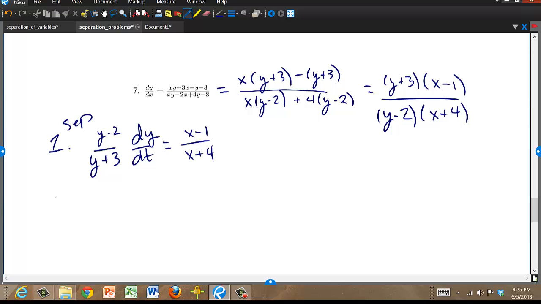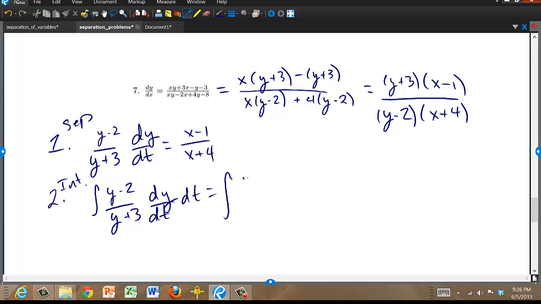Now you want to integrate. So the integral of y minus 2 over y plus 3 dy/dx dx equals the integral of x minus 1 over x plus 4. Oh, oops, these should be x's.